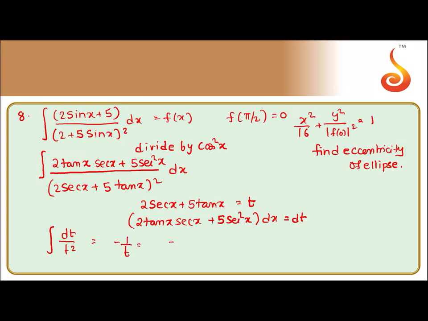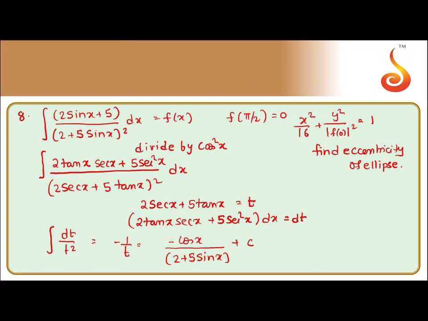So we get dt by t square, which will give you minus 1 by t. So minus 1 by t will give you minus cos x by (2 plus 5 sin x) plus c.